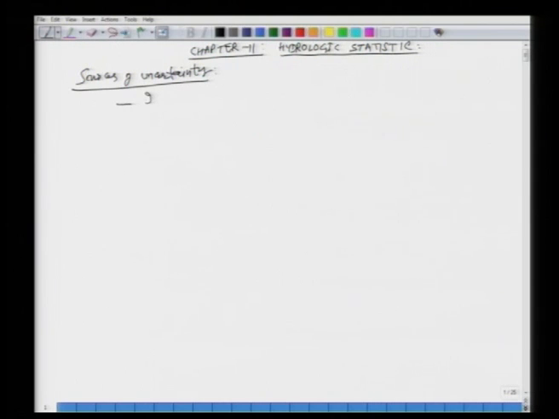There may be some instrumental limitations. Instrumental errors may be involved while measuring the values of rainfall and flow, etc. Another is the measurement errors themselves. The first one was the errors involved with the instrument, and the second one is measurement error, that is, different people may read different readings at different times, or subjectivity may be involved.